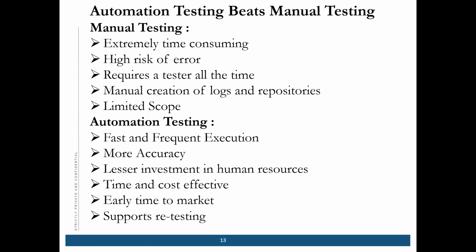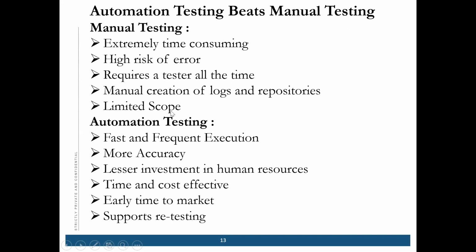So all the time you need one tester to sit and test whether it is correct or not, right? You manually create your logs and repositories, and you manually post them to your client, correct?